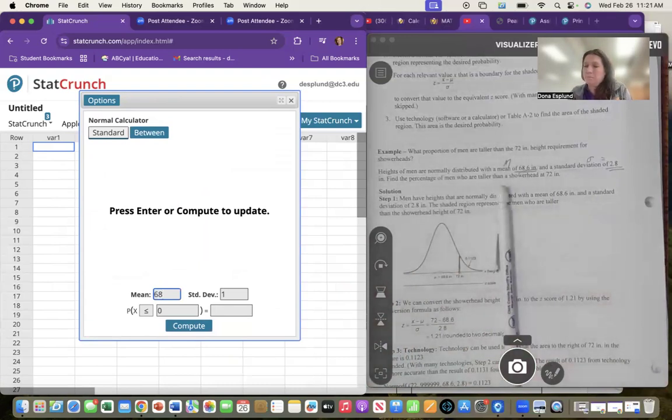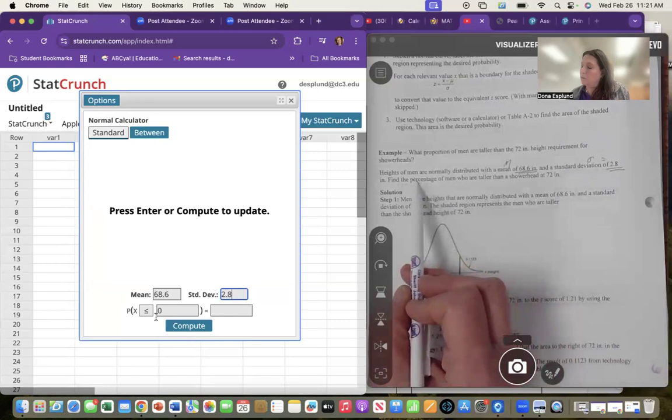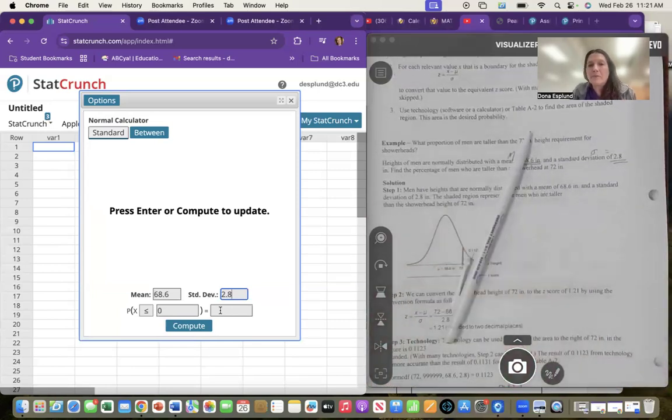I have the 68.6, and then a standard deviation of 2.8. Now, since I'm asked to find the percentage of men who are taller than the shower head of 72 inches, remember, this is the section where I'll put my percentages.